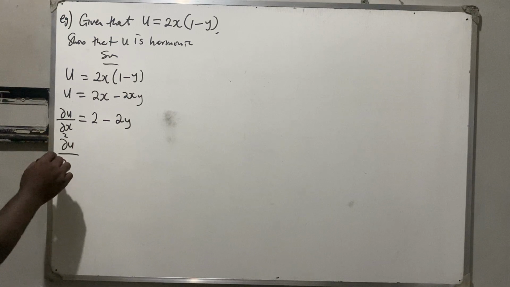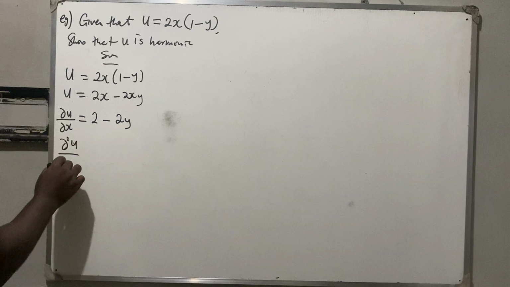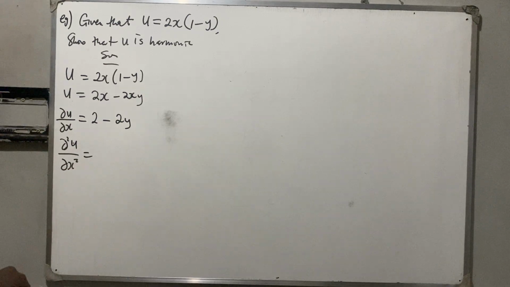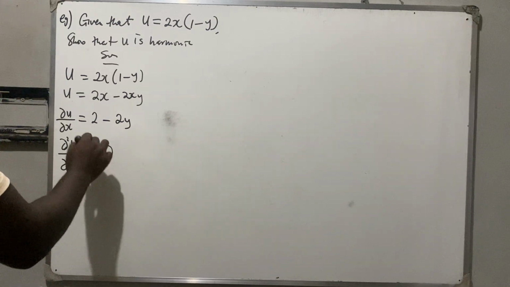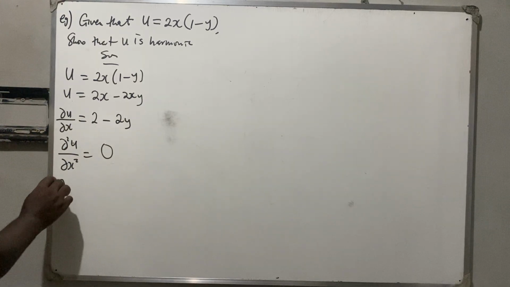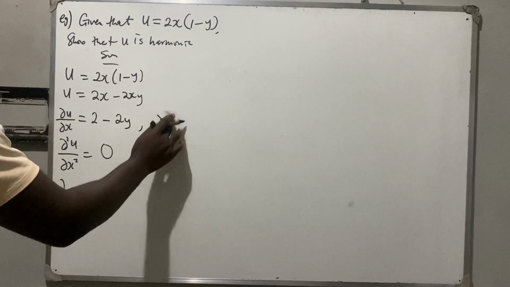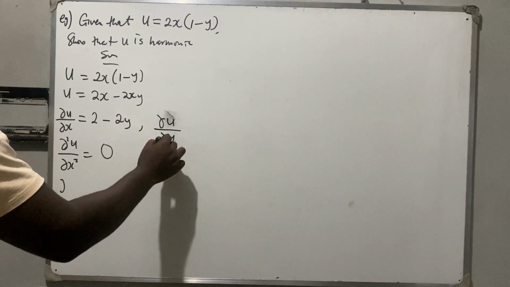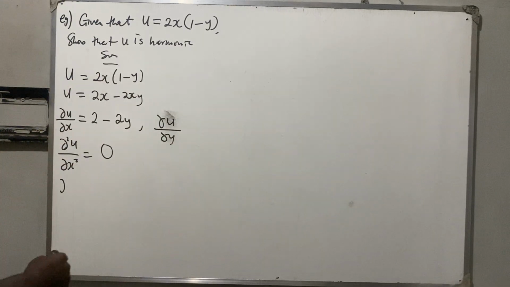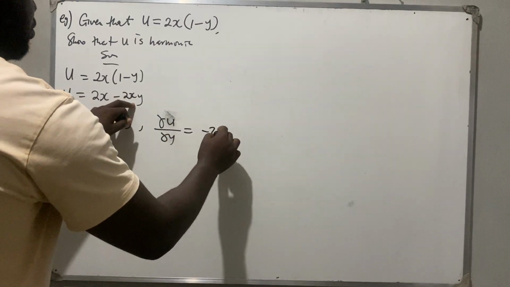So the second derivative, partial squared u over partial x squared, differentiating with respect to x, I'm getting 0 because there is no x here. Then we go to partial u over partial y. Partial u over partial y will give us, here is 0, here will now be just minus 2x.